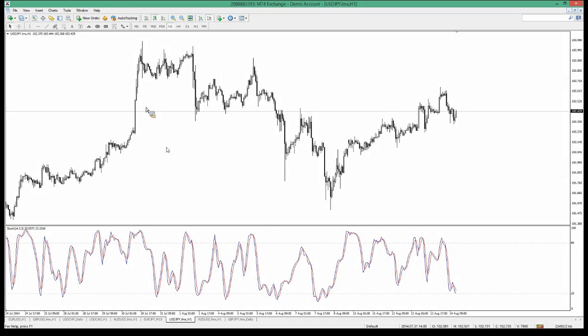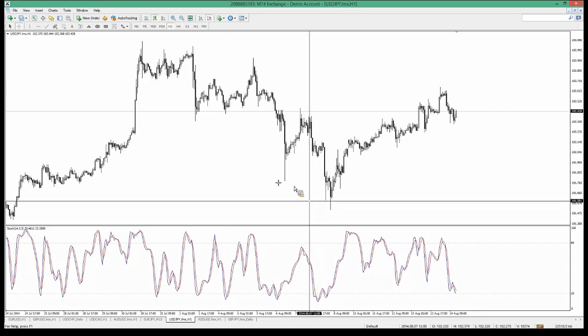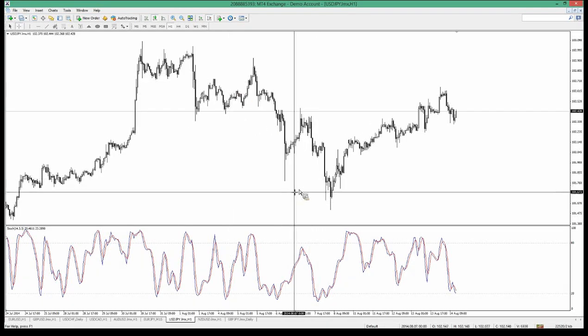the main thing to take away with this is your trend direction. Okay, so use this with your trend direction and you should find a decent bit of success on it.